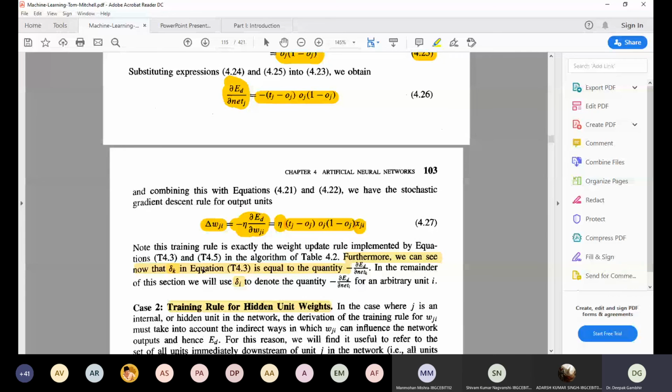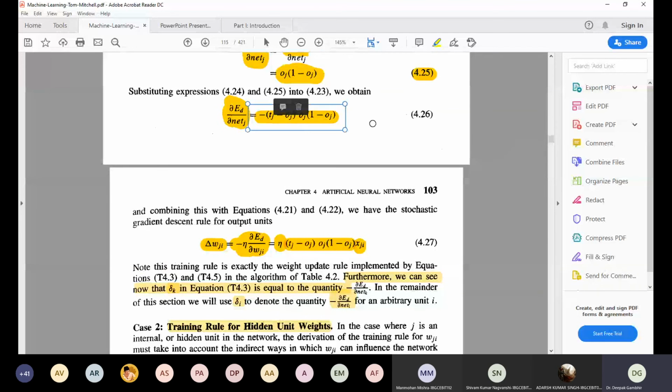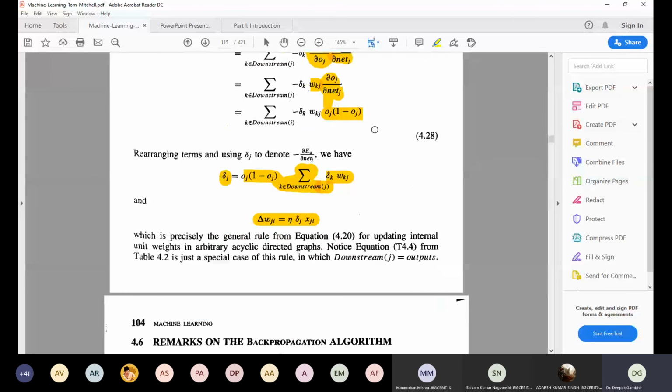This delta is the quantity minus Ed over net k, isn't it? And Ed over net k is minus (tj minus oj) times oj times (1 minus oj). So please remember that the delta used for the input to the hidden and for the hidden to the output is different. This is not given in the book.